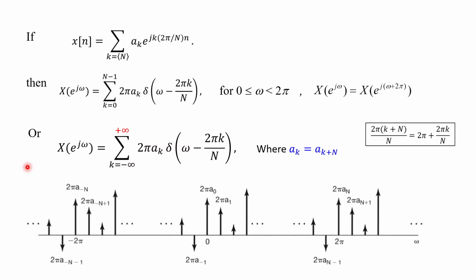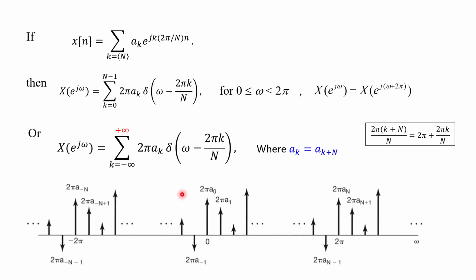And before, for the Fourier series, we also have a_k being periodic with period big N. So here we were only summing over big N terms, and now we are summing over infinite terms.